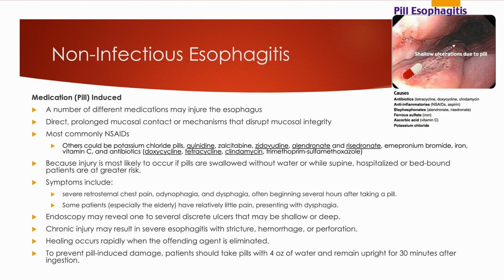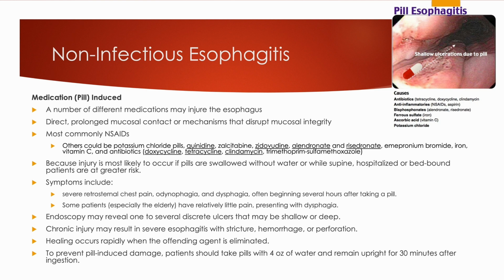The older you get, the more likelihood that you're going to be taking medication. And the elderly, for some reason, just don't have the same pain response that we do as younger folks. So a lot of times they won't really complain of pain, more they'll present with dysphagia over time.